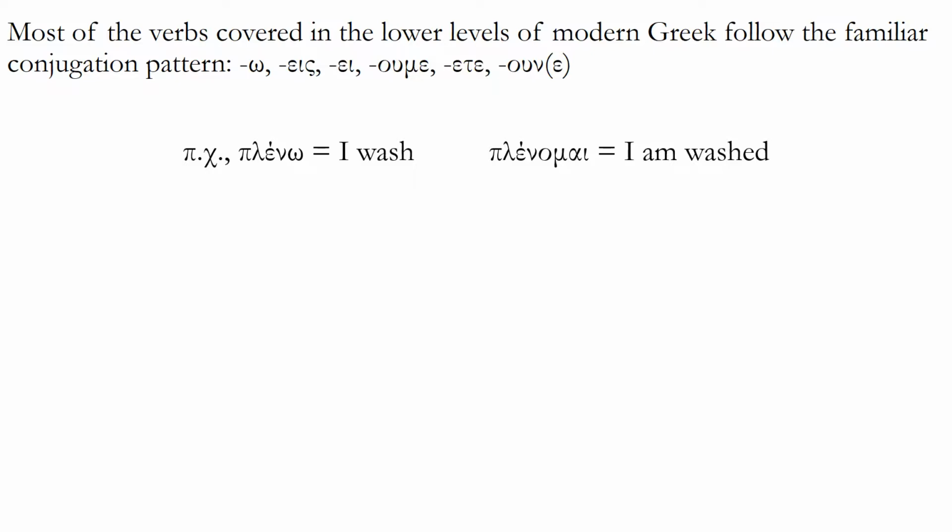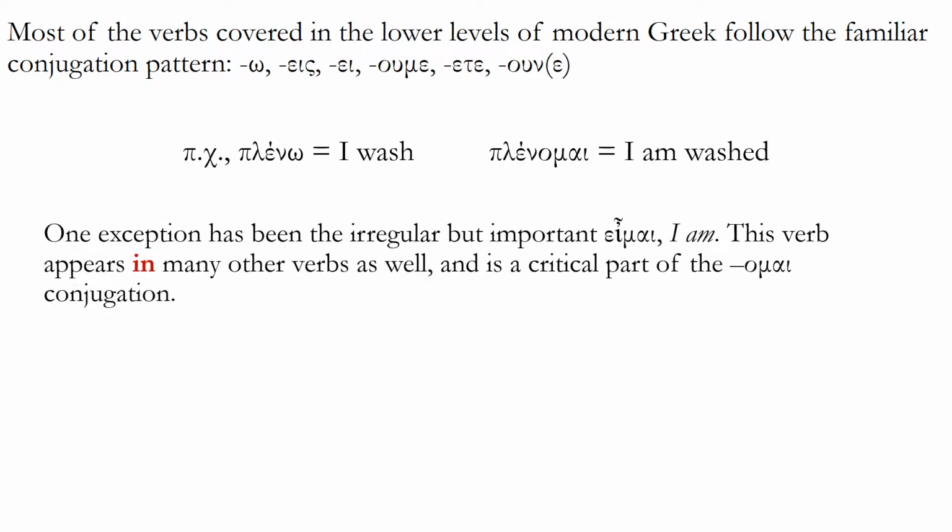The passive voice looks very similar to it, and you can see it here on the right side. It's plenome. Plenome, I am washed, or I am being washed. Now, the structure here is not all that different.